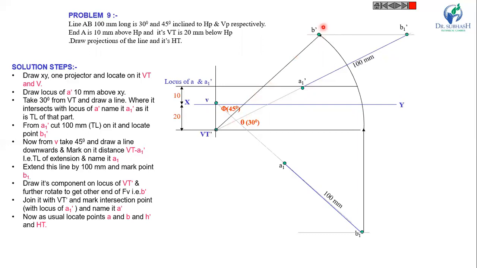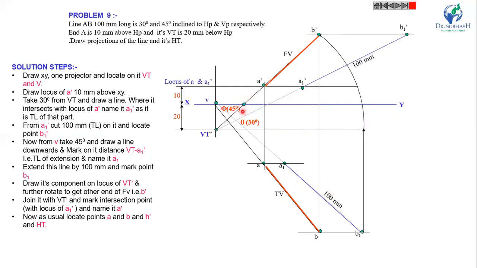Now join this B dash with VT. It will intersect at this point A dash. So A dash B dash is a front view, and similarly you can find the point B. Now join this B with V and the projector of A dash. So you will find the point A. This AB is a top view and A dash B dash is a front view.